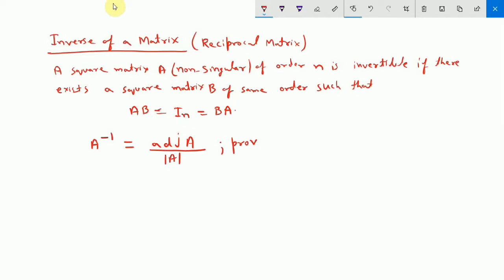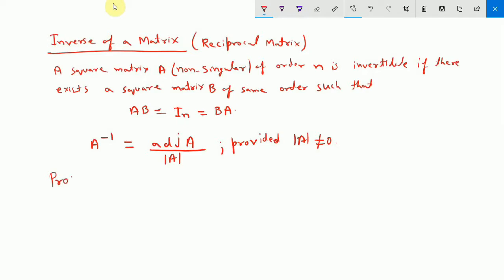Okay, that is, it should be a non-singular matrix, provided the determinant of A is not equal to 0. So in this way we can calculate the inverse of a matrix. Next, we will see properties of the inverse of a matrix. After the properties, we will solve a problem based on this concept, how to calculate the inverse of a matrix.